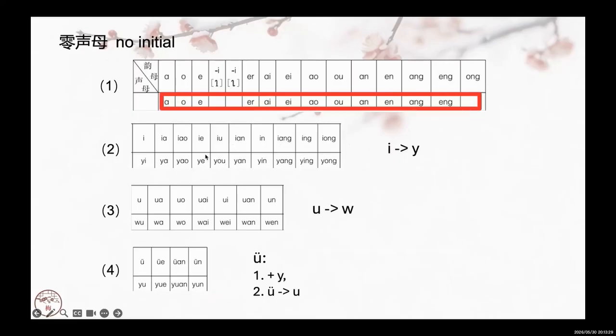In the structure of a syllable, the initial usually is a consonant. The vowels are usually the final part.